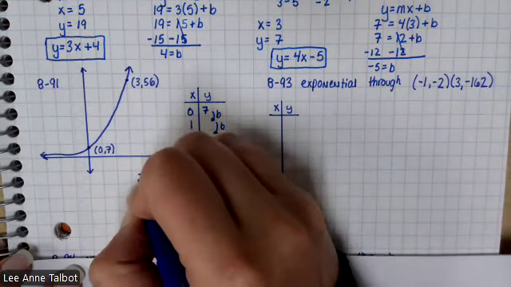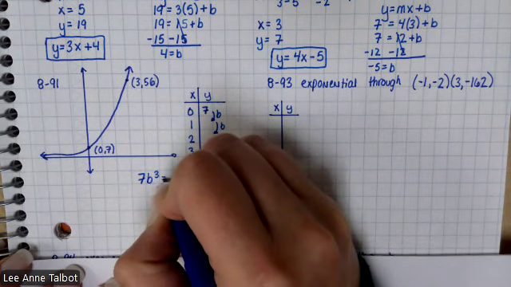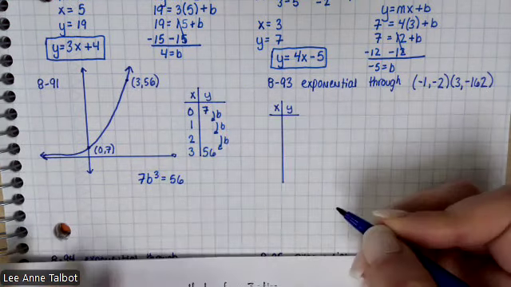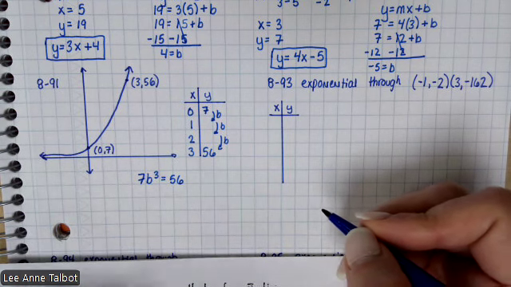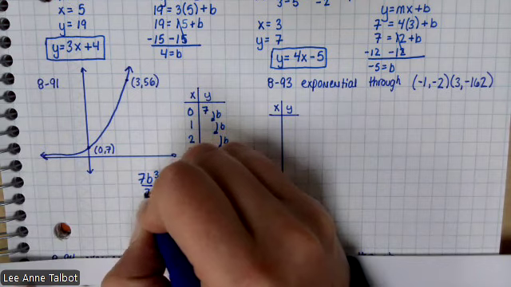Okay, 7 b to the third equals 56. Divide by 7.